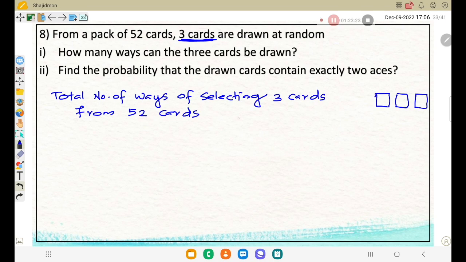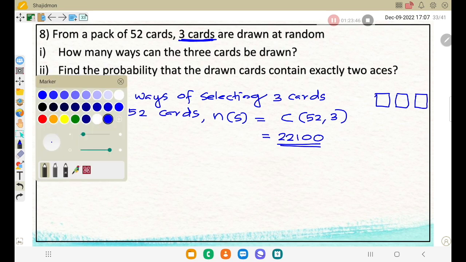So the number of elements of the sample space equals the combination of 52 cards, taking 3 at a time. You can check the answer in the calculator: 22100. This one we are getting, the total number of elements of the sample space.